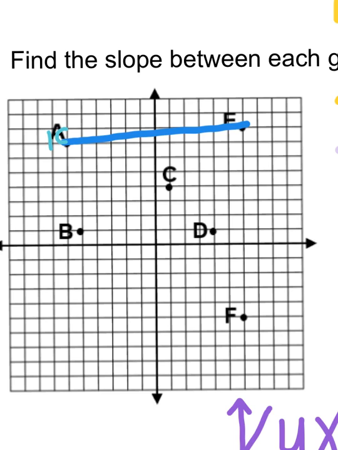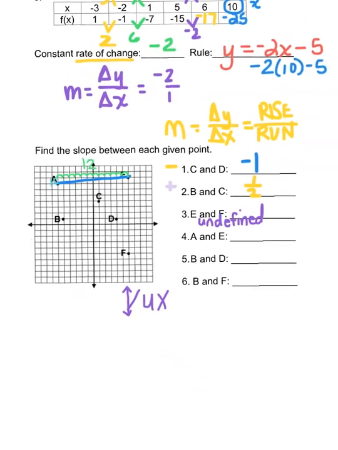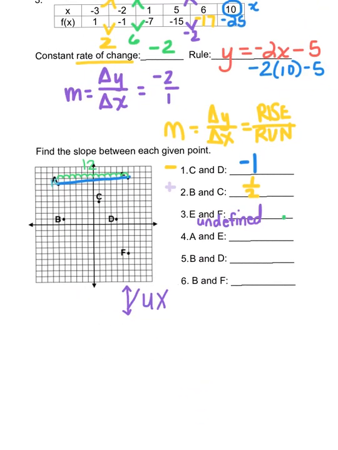And I'm going to count to the right. 1, 2, 3, 4, 5, 6, 7, 8, 9, 10, 11, 12. Since I went to the right, that is positive. So we have a rise of 1 and a run of 12.